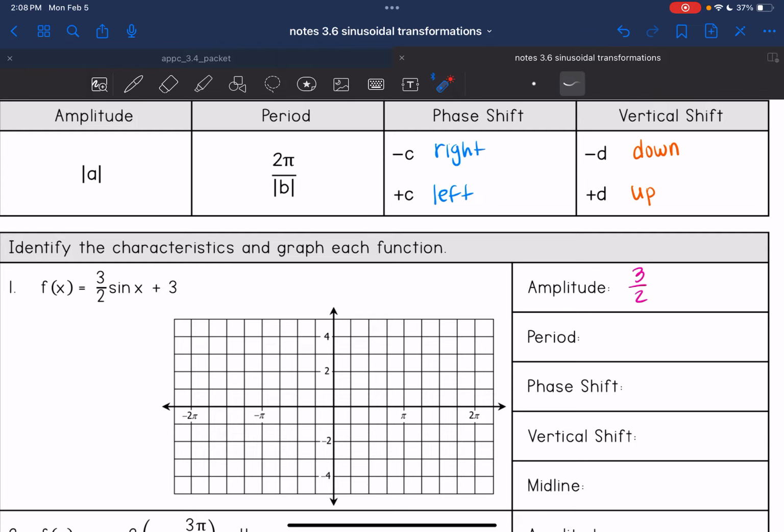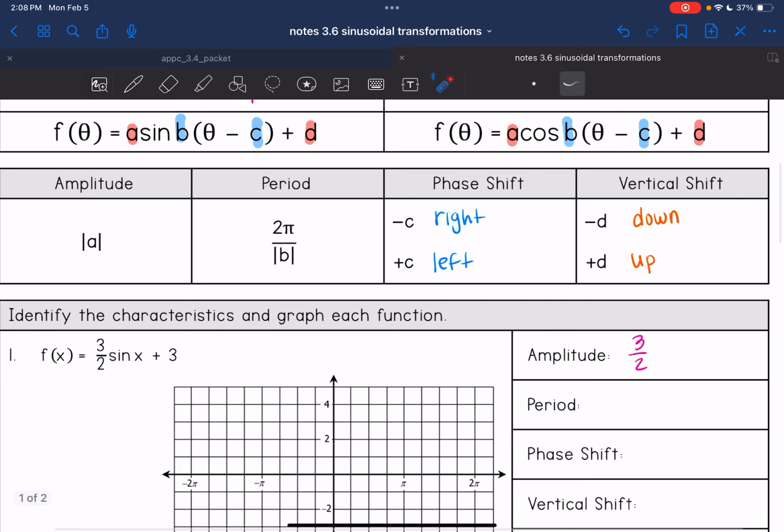Then period is always 2 pi divided by b. B is always in front of theta or in front of x. There's nothing there, so technically that b is a 1. 2 pi divided by 1 is still 2 pi. Okay, phase shift. Phase shift is C. It has to be in parentheses.